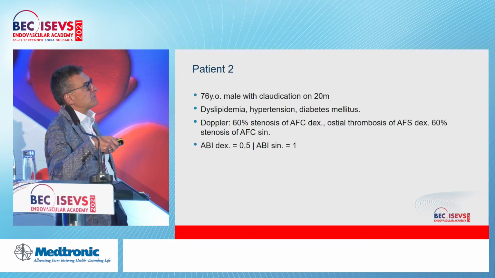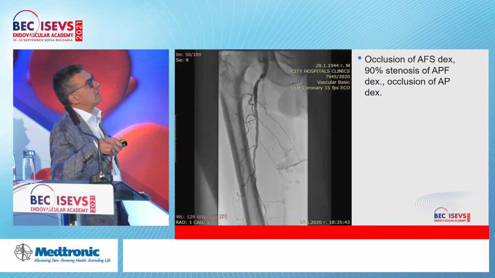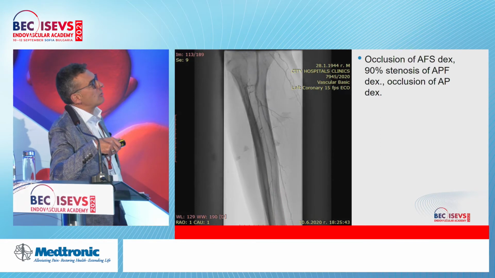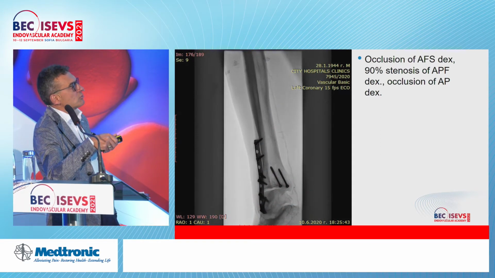The second patient is a male, 76-year-old, with multiple risk factors, with a low ankle brachial index on the right leg, with quite a long SFA occlusion starting from the ostium.